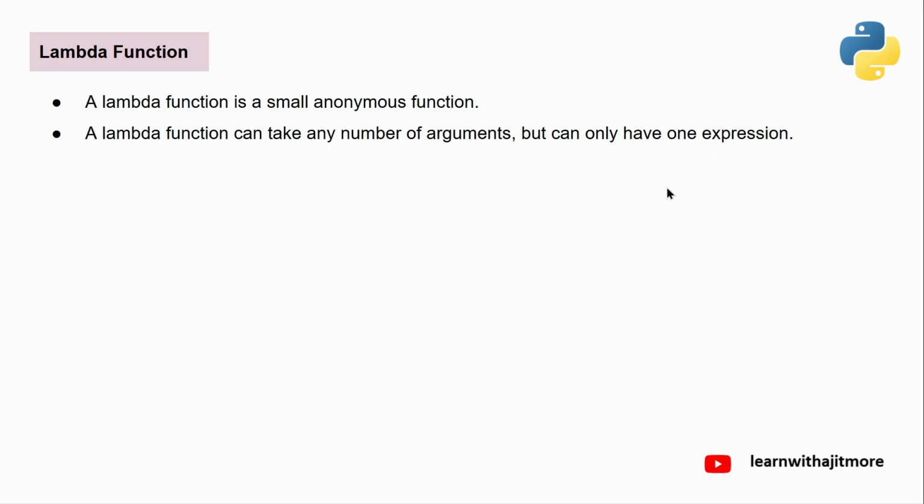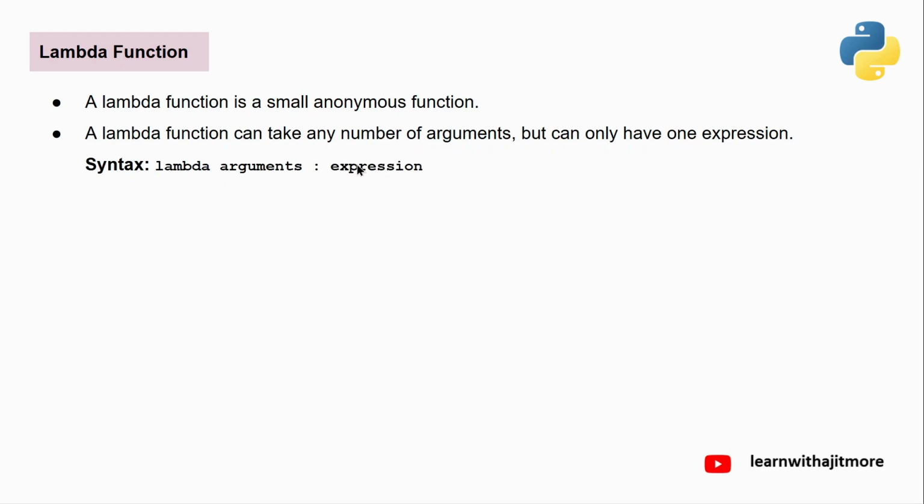Actually, you can write any big code, but if you're going to write big code, then don't write lambda, go for normal functions only. Correct? It's allowed. So generally, lambda is to be used where within the body you're going to write a very simple task. Okay? See, the general syntax is like this: lambda, then the arguments, colon, and then whatever task that function is going to do.